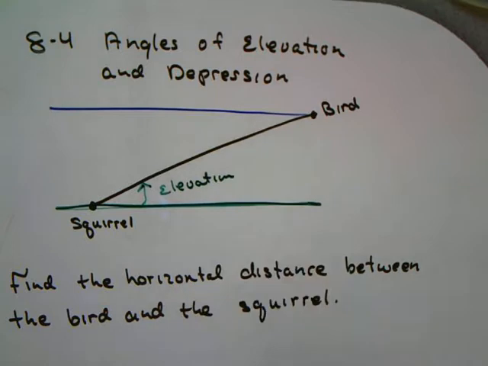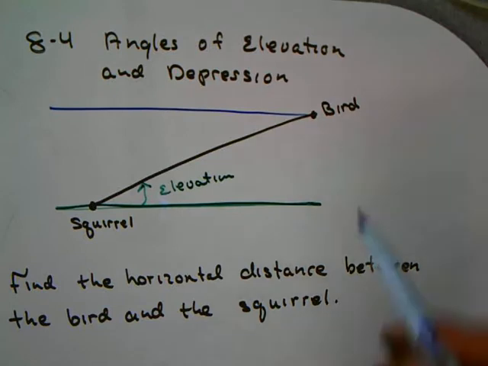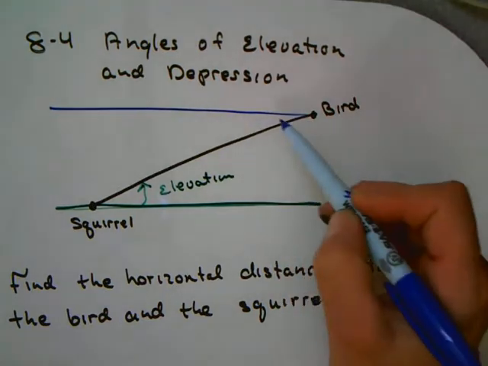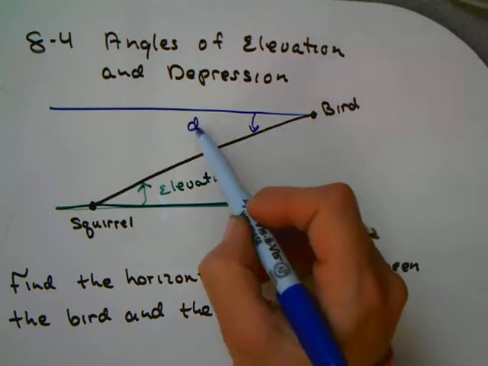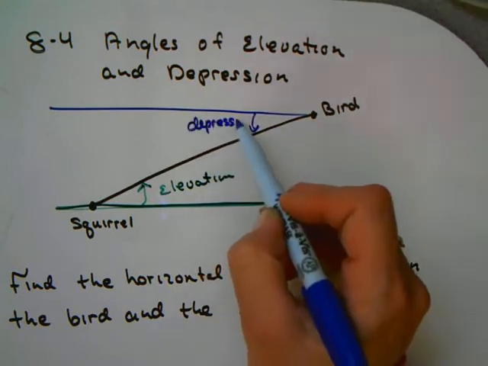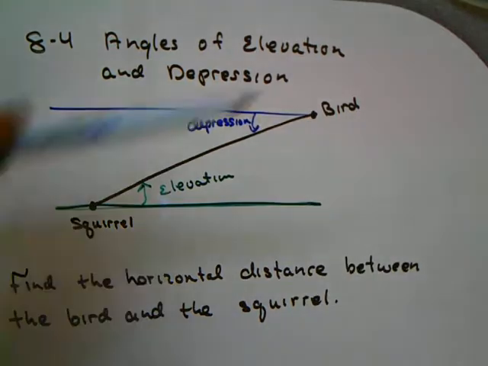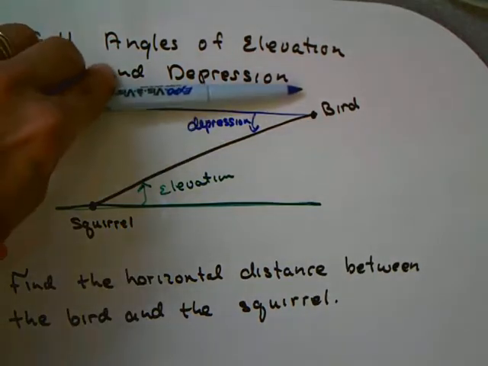Now, if the bird, who's flying straight across the sky, sees the squirrel and looks down at him, that's an angle of depression, because it went from straight ahead to down. Okay? Now, here's the interesting thing about these angles.